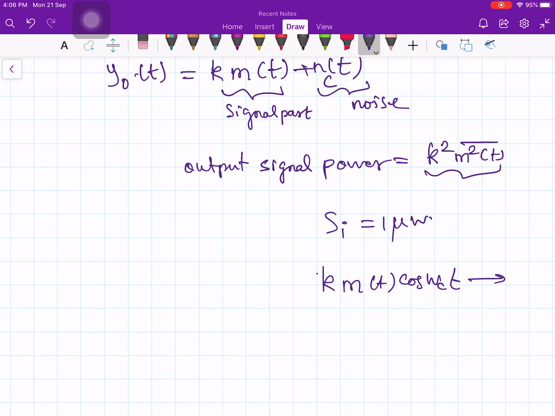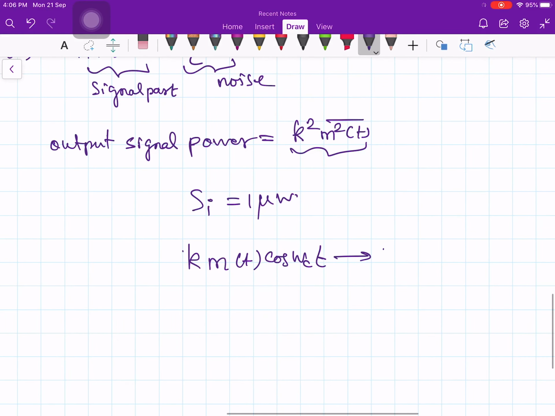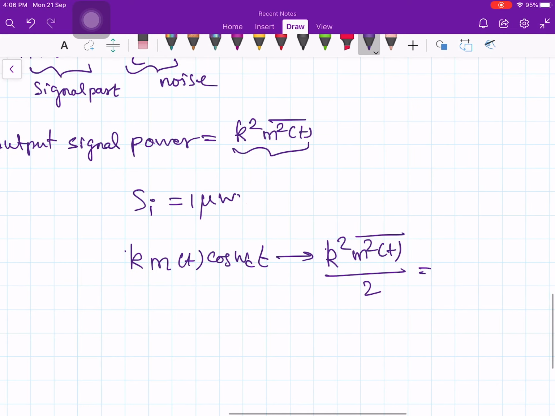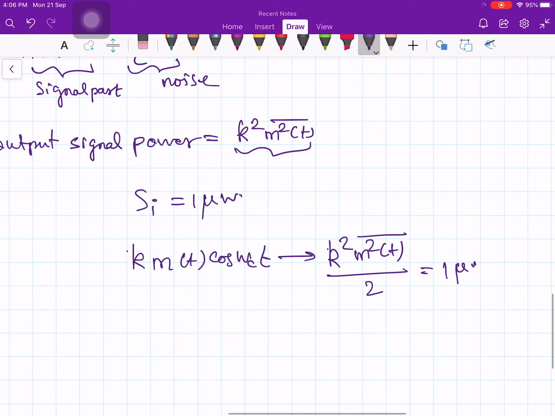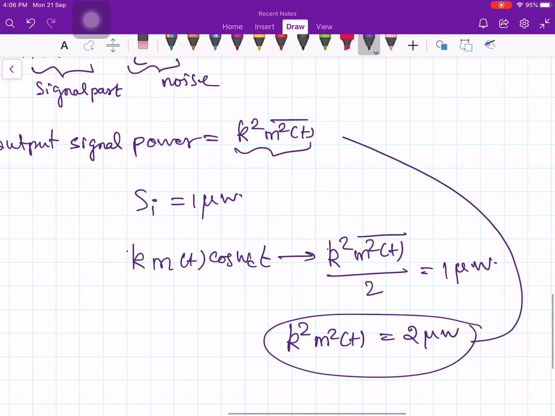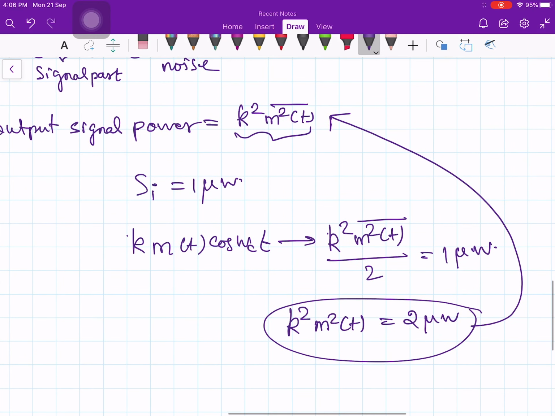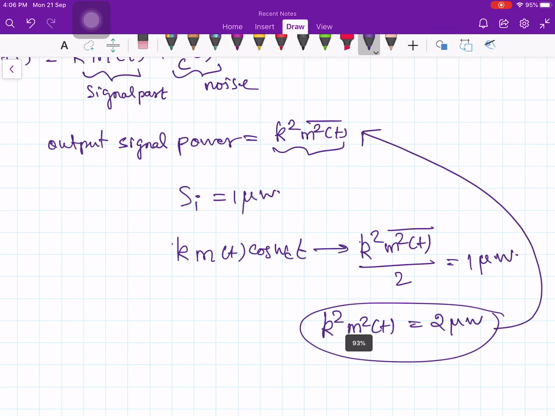This power is going to be k square times m square of t by 2. So this one is given by 1 microwatt. So k square m square of t from this is 2 microwatts. Okay, and then you substitute back here. Your output signal power is this one, from the input power.